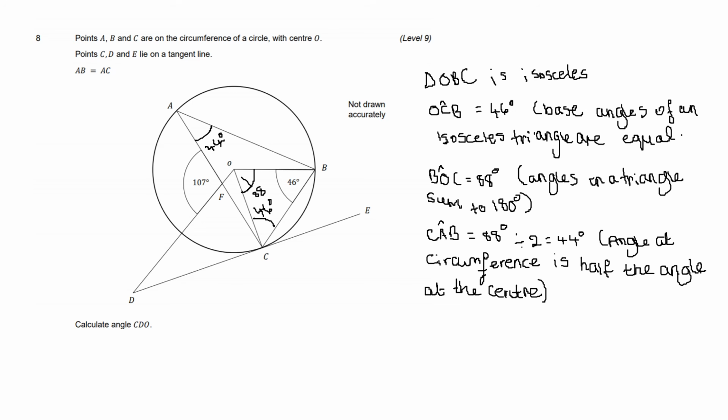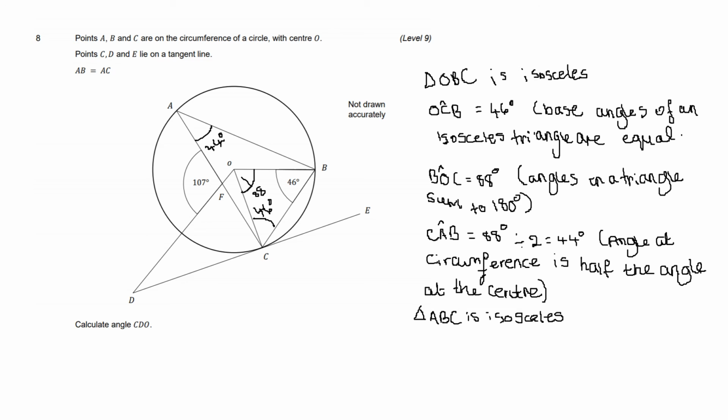Okay, now we also know that triangle ABC is isosceles. Because we're told in the question that AB is equal to AC. So that means that angles ACB and CBA have got to be equal. And I'm really interested in angle ACB, because that's going to help me to work out what angle CDO is.